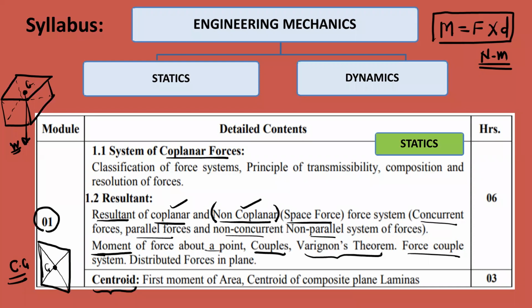So we will find out the centroid for composite plane laminas. Composite plane lamina means, this is one standard geometrical shape, that is a rectangle. But suppose we don't have a standard geometrical shape, but a shape which is composed of different standard geometrical shapes. For such a composite shape, we can find out the centroid.